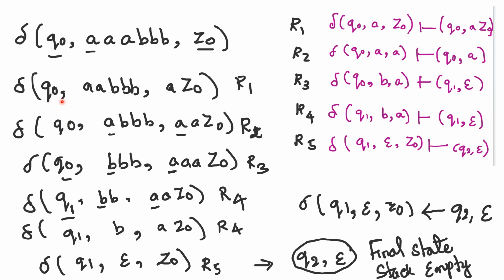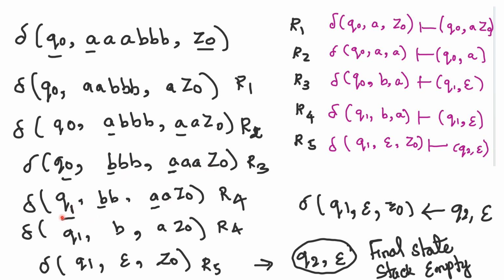And you have to check Q naught, A. A means again you have to push the element to the stack, rule 2. Then Q naught, A, again you have to push the element into the stack. Okay, so now we check Q naught, B, A. You have to change the state to Q1, and then the remaining.